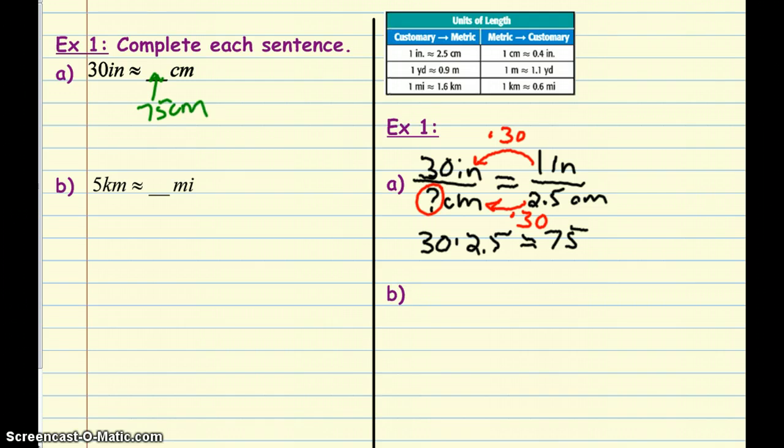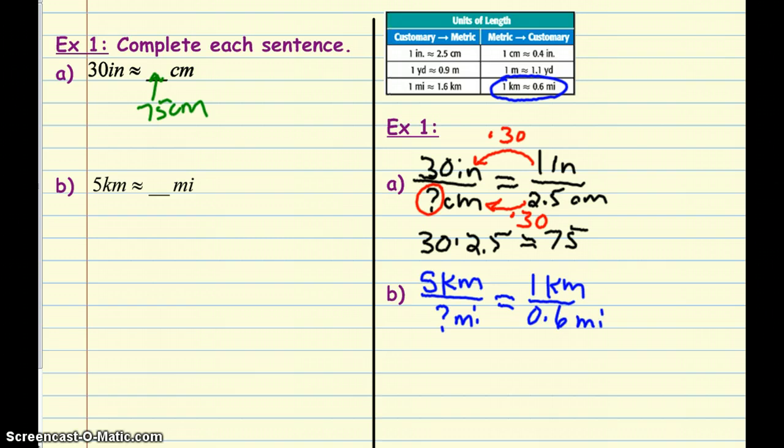Let's look at our second example. 5 kilometers is approximately how many miles? Just like before, I'm going to set up my proportion: 5 kilometers over how many miles. Looking at the table, we see that 1 kilometer is equal to approximately 0.6 miles.